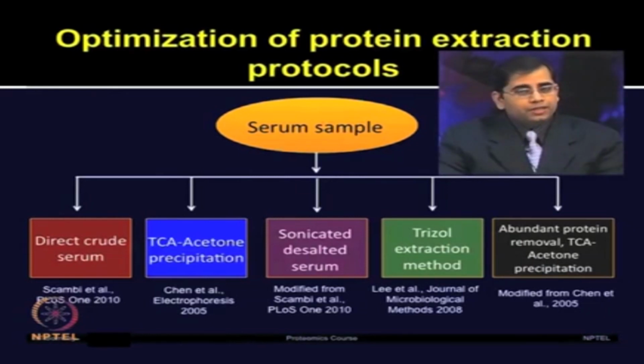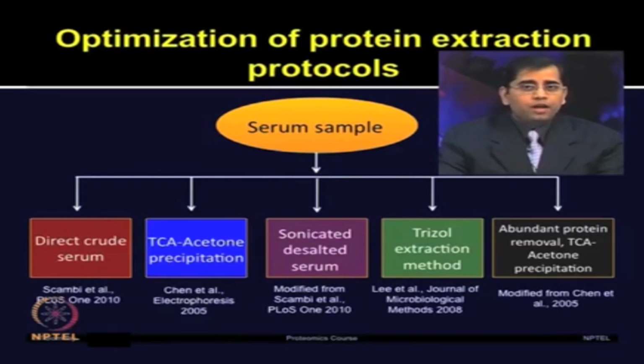Now, after processing of these samples, how to extract the proteins. The protein extraction protocol was also optimized, and to optimize it, first of all we looked at what different methods are available in the literature.